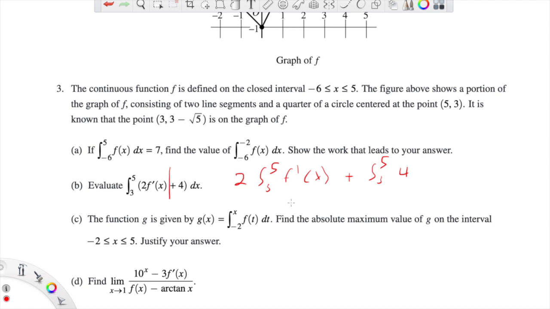And so for this, we're going to get 2 times the integral of f prime of x, which is going to be f of x, right? The integral of the derivative of a function is just the function. So it's going to be f of 5 minus f of 3.